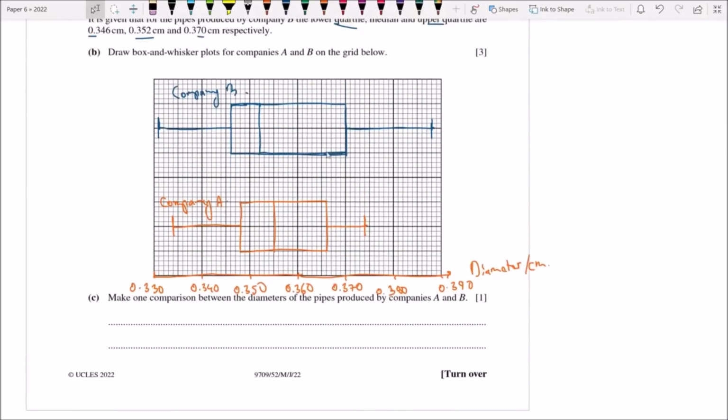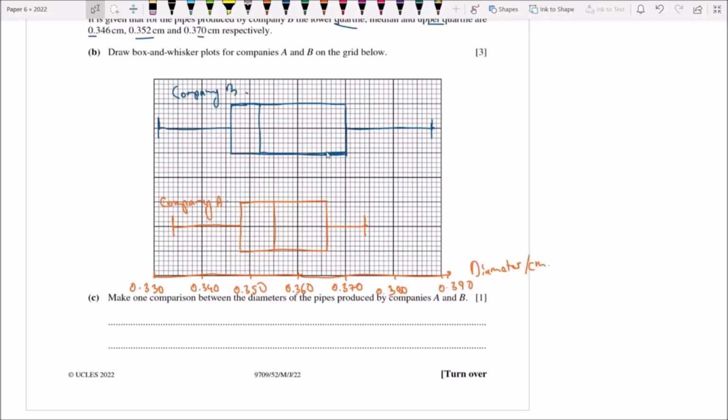Okay, so make a valid comparison. As you can see, the range is higher. Both the interquartile range as well as the range in total, the highest value minus the least value, is greater for company B. So we could say that it's more spread out.